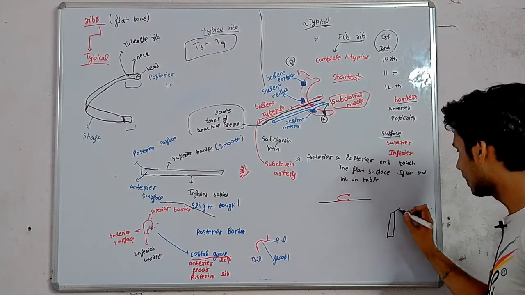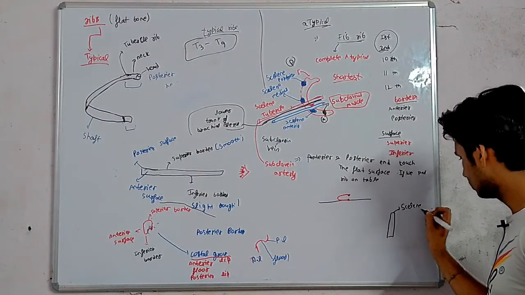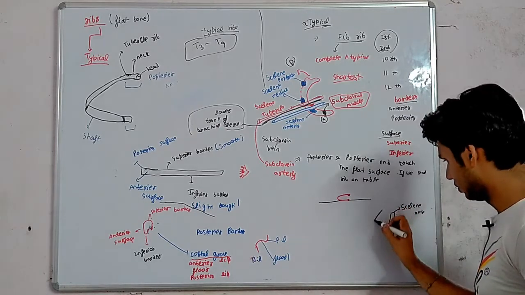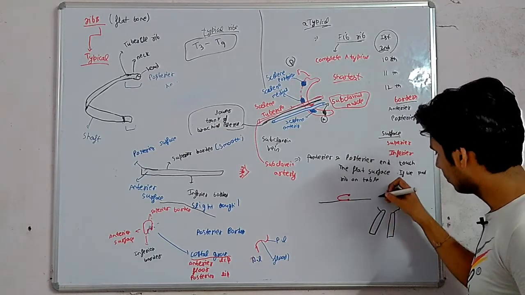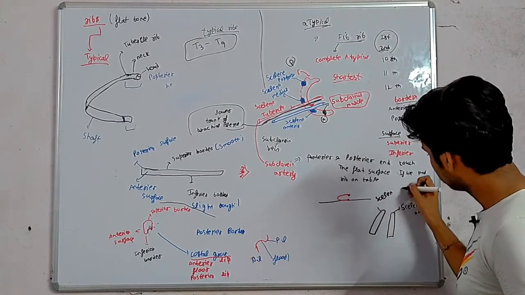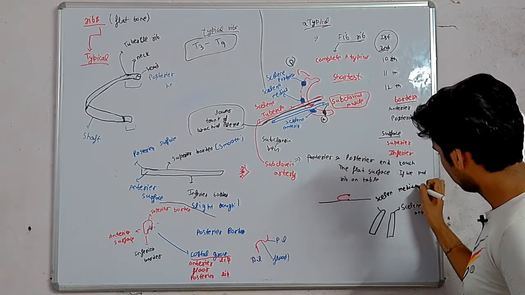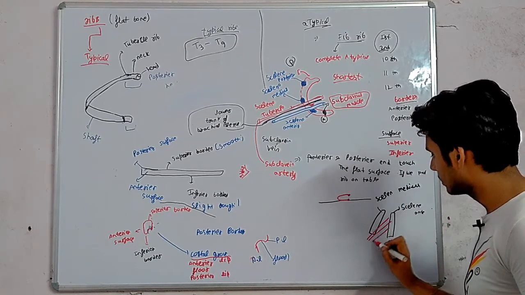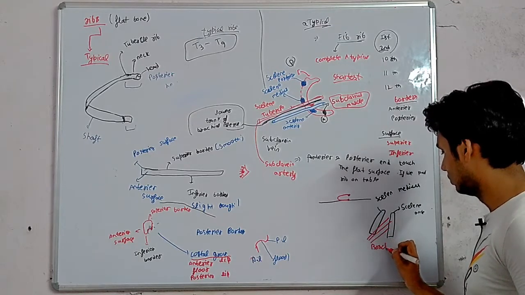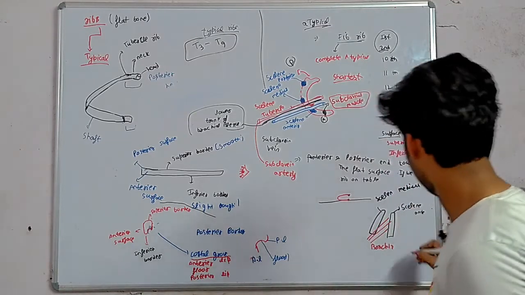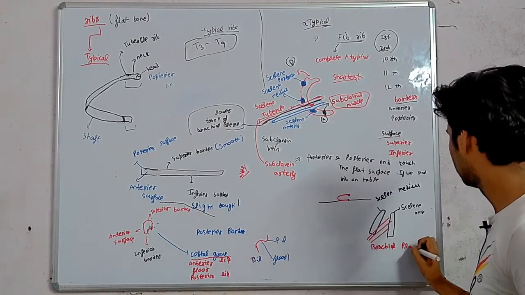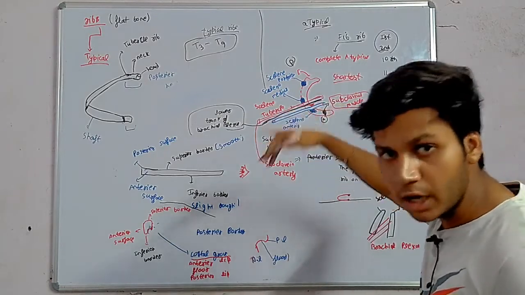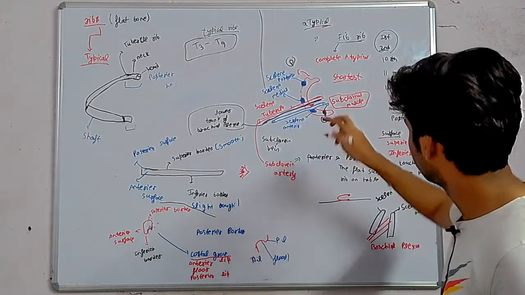This is scalene anterior. This is scalene medius. The brachial plexus passes through here, and goes into the arm. So the lower trunk passes posterior to the scalene tubercle.